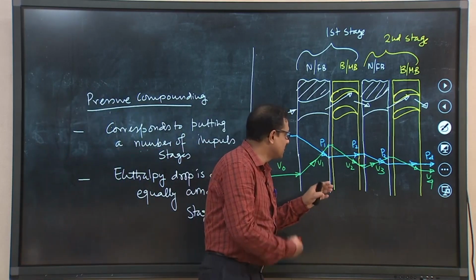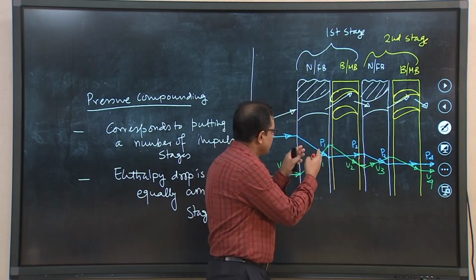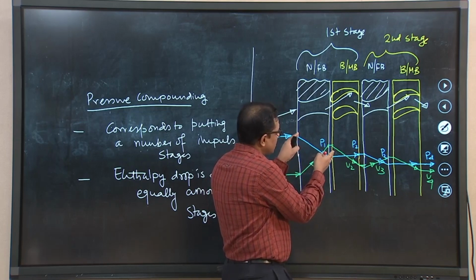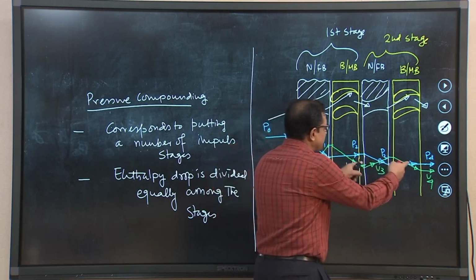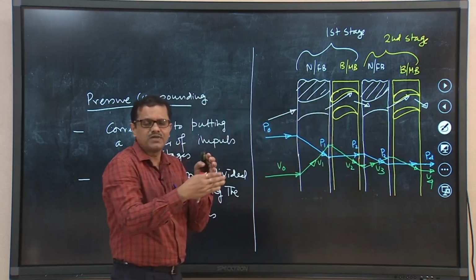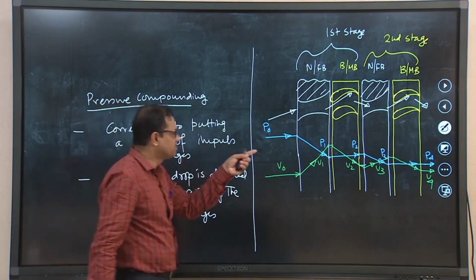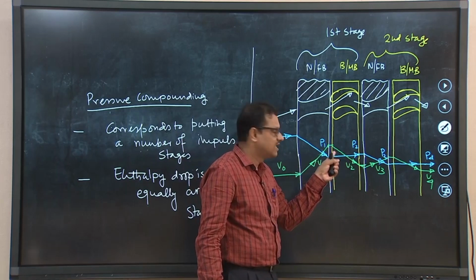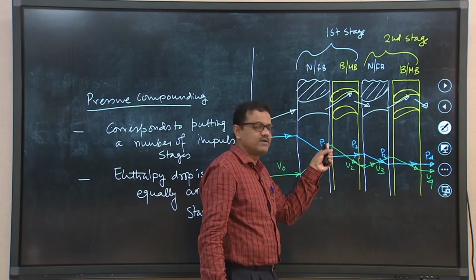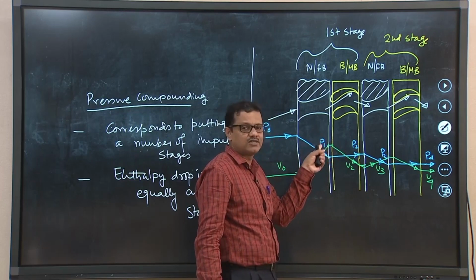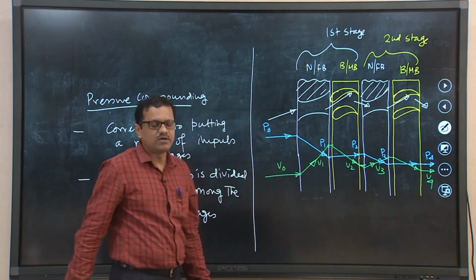So, instead we are utilizing a few stages, and the pressure drop is compounded in such a way that the total pressure drop, P naught minus P4, remains the same but is compounded over a number of stages, hence the name pressure compounding. Because of this, the increase in velocity in the first row of fixed blades or nozzles is not very high, such that those problems will not be there.